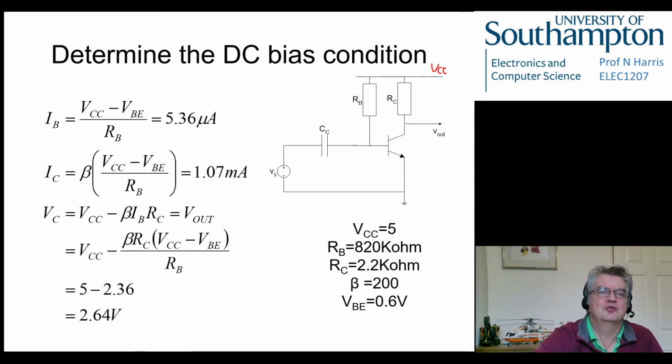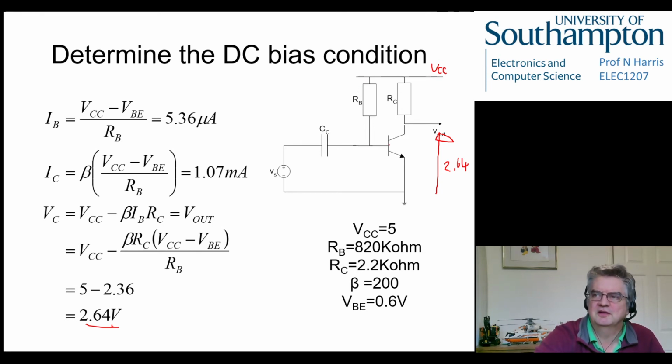So 2.64 volts is what we're looking at there. That's a 6, that's a 4, just to be clear. So we now know that under those conditions this voltage is sitting at 2.64 volts and doing nothing because there's no input signal coming in.